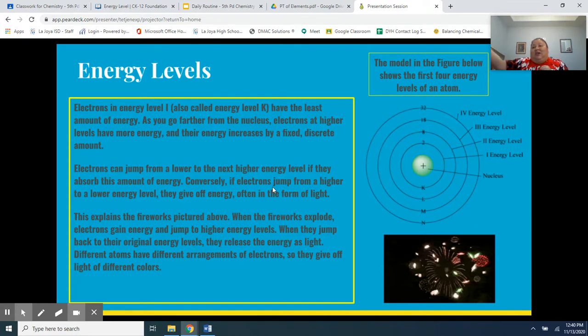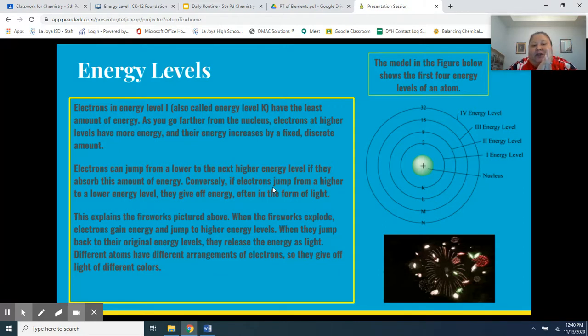Eventually, they have to let go of the energy they absorbed, and when they release it, they go back to the original energy level. When it releases the energy, it's usually in the form of light. And that's how come you see different colors for different elements.